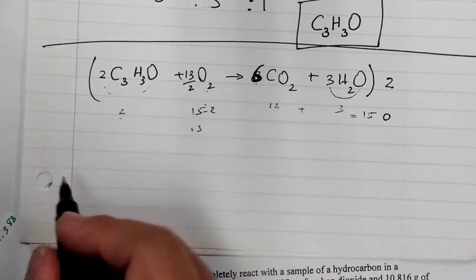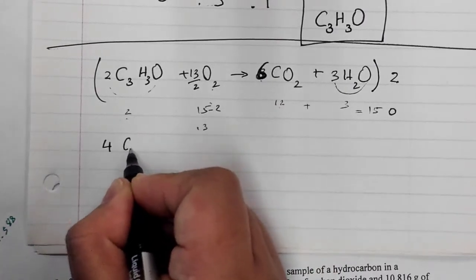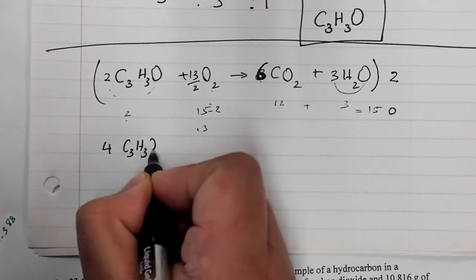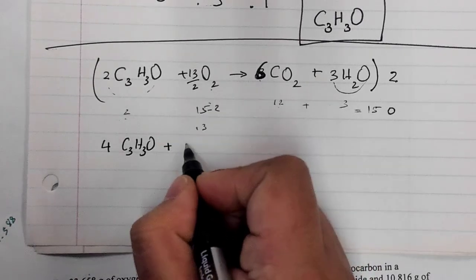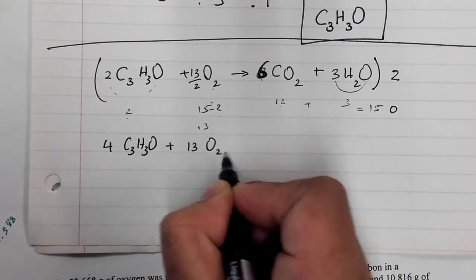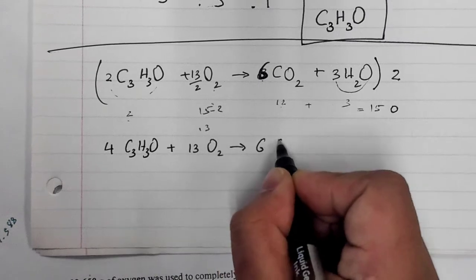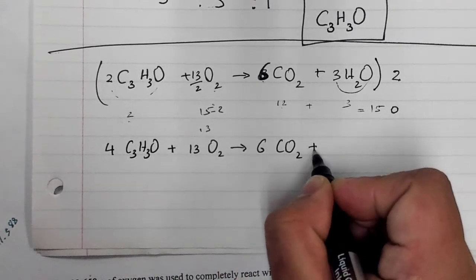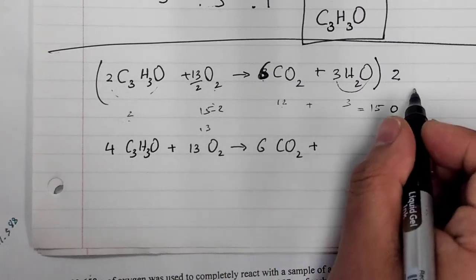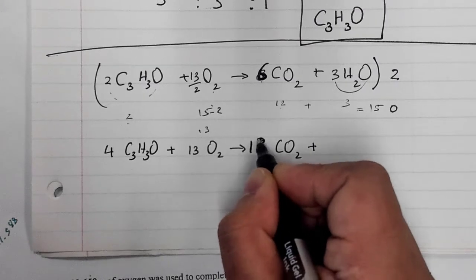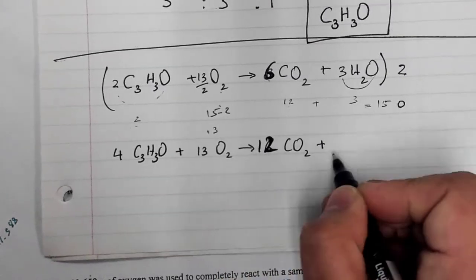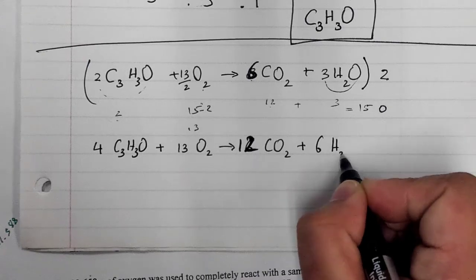So what's the new formula look like? It's going to be 4 C3H3O plus 13 O2 go to 6 CO2. Oh wait, not 6. Remember, it's times by 2. 12 CO2 plus 6 H2O.